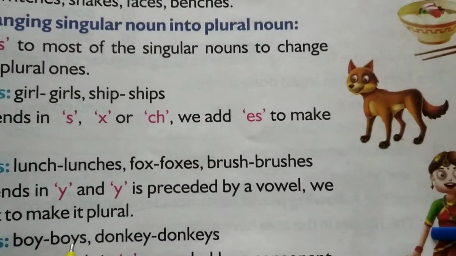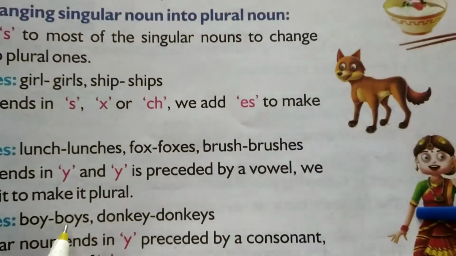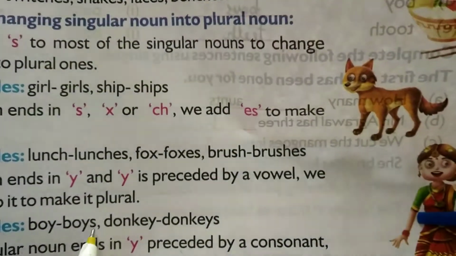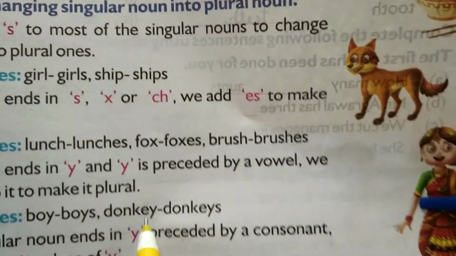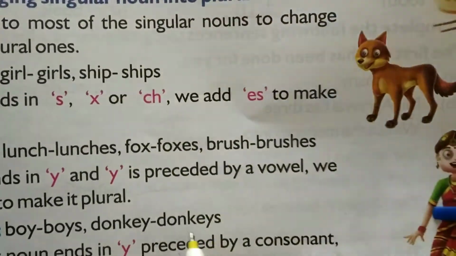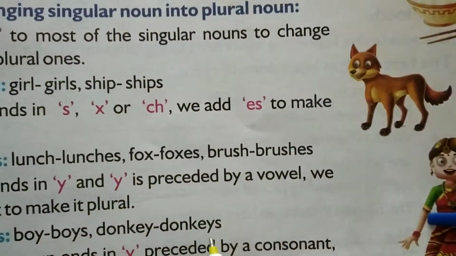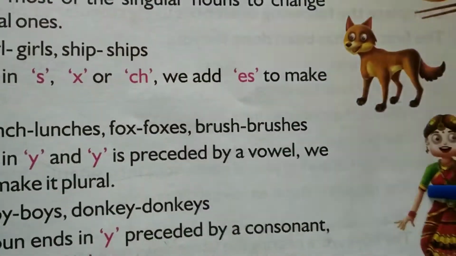Like in boy, this y is there, and y is preceded by a vowel, that is o. So we have to write s. Same way in donkey, e is there. E is a vowel and it precedes y. So we can put s to change the singular into plural.